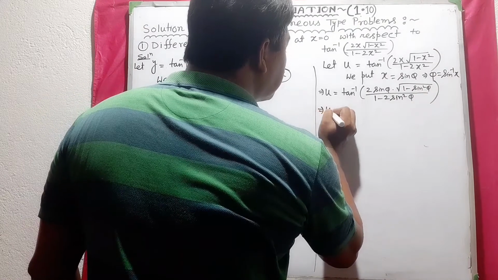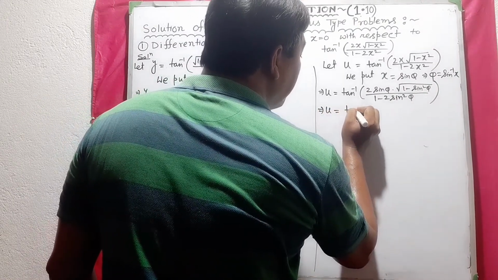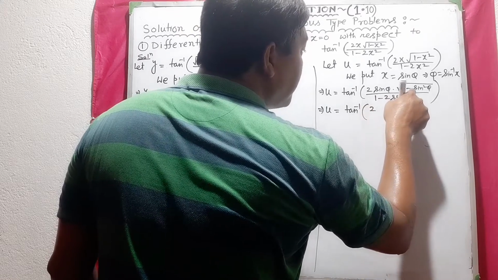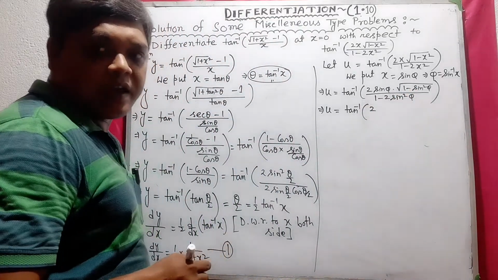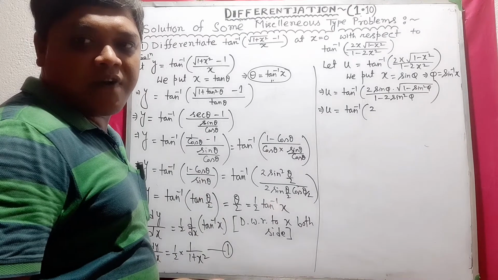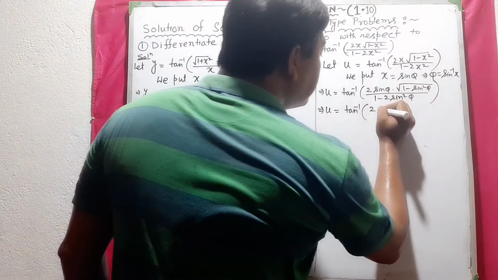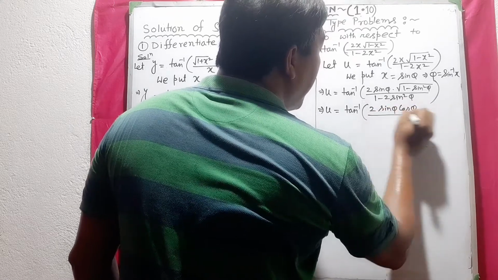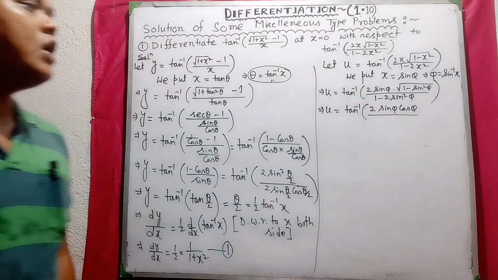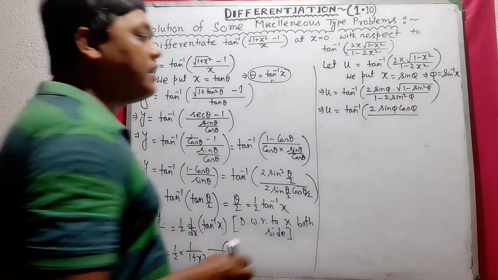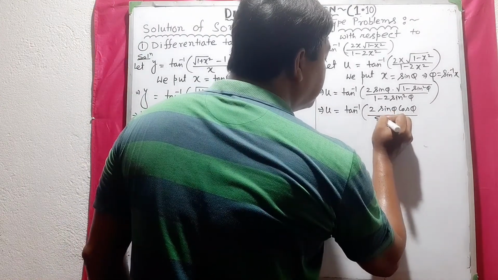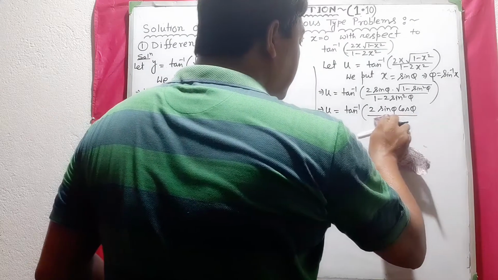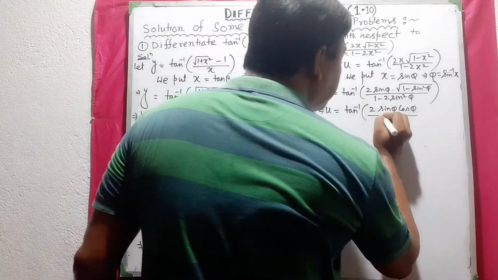So that gives u equals to tan inverse of 2 sine phi, 1 minus sine square phi, that is cos square phi, and the square root of cos square phi gives cos phi. So 2 sine phi cos phi, and 1 minus 2 sine square phi gives, sorry, cosine 2 phi.